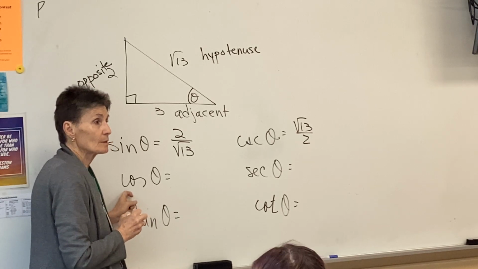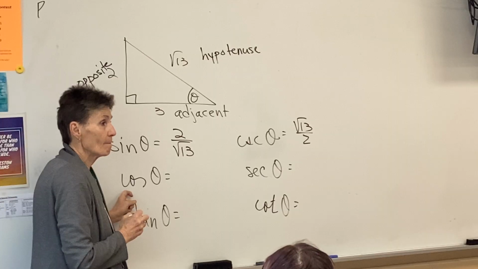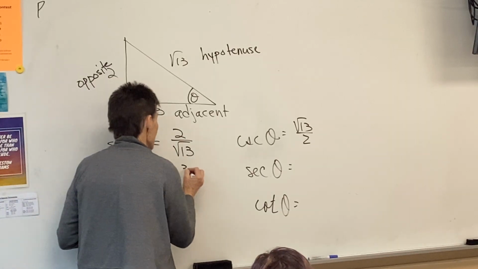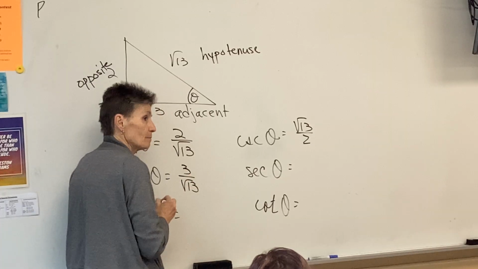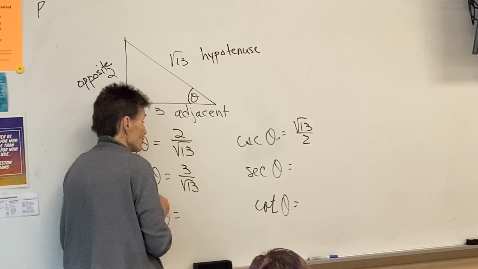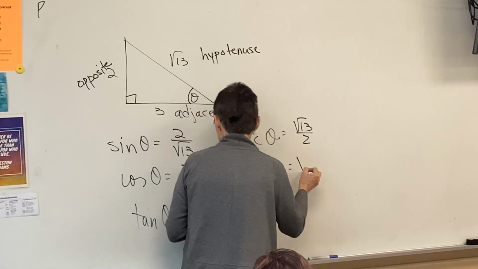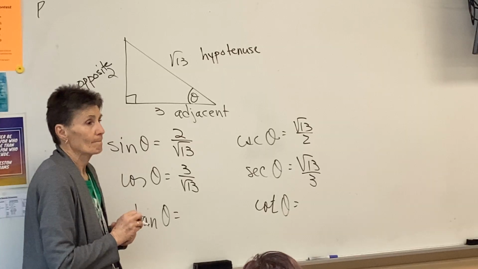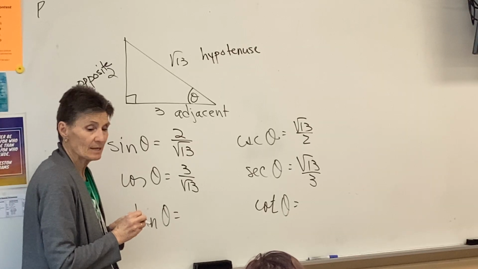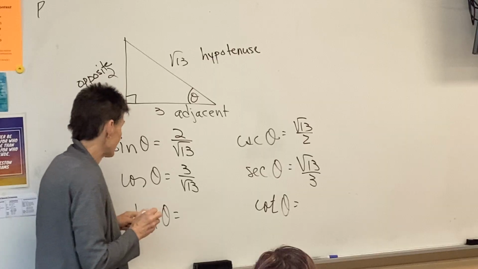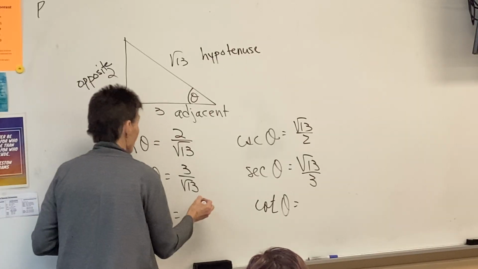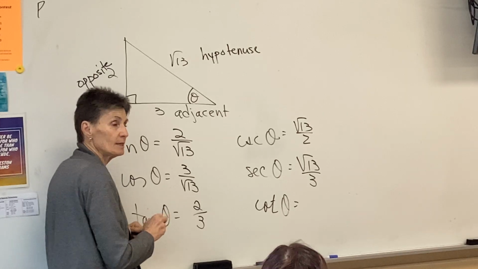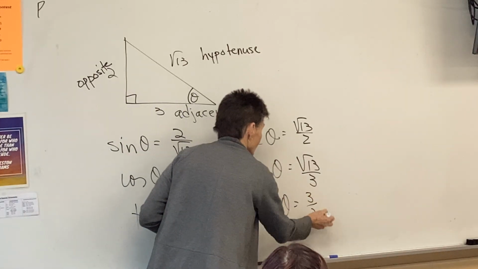Cosine, definition: adjacent over hypotenuse, which means 3 over root 13. So the secant is root 13 over 3. What is tangent? Opposite over adjacent. So that would be 2/3, which means your cotangent is 3/2.